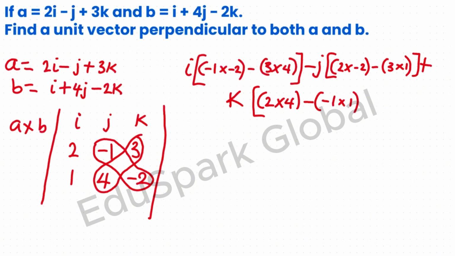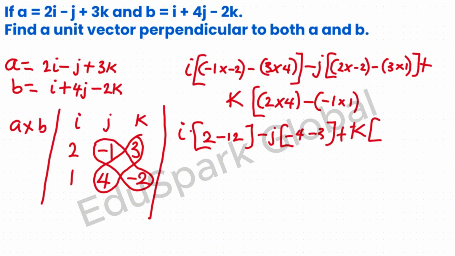For i, -1 multiplied by -2 will give us 2, minus 3 times 4 will give us 12. Minus j, 2 multiplied by -2 will give us -4, minus 3 times 1 will give us 3. Plus k, 2 multiplied by 4 will give us 8, minus -1 multiplied by 1 will give us -1.